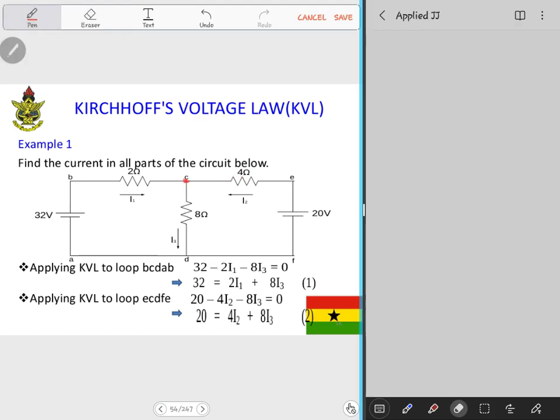At node C, right? So at node C, you don't have to write it, but let's see. It's just for you to identify and see what's happening. Node C, right? At node C, you can see that this one enters, this one enters, this one is leaving, right? So if you do algebraic sum, let's do those entering, exiting.